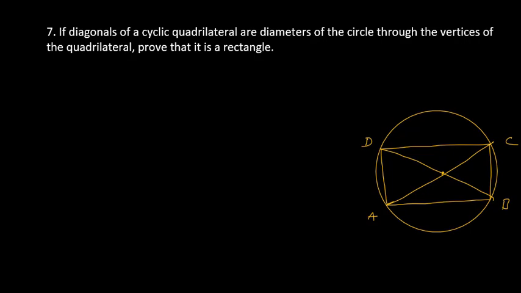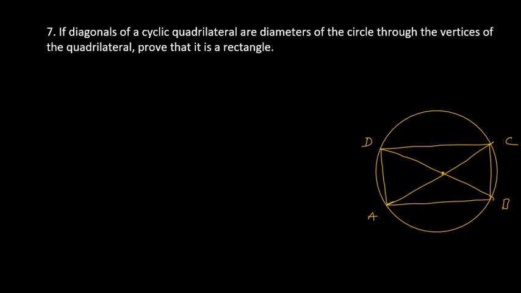Or you can say a rectangle is a quadrilateral in which opposite sides are equal and each angle is 90 degrees. If you prove that each angle is 90 degrees, then opposite sides are parallel, so it is a parallelogram, and as each angle is 90 degrees, it is a rectangle. So it is enough to prove that each angle is 90 degrees.